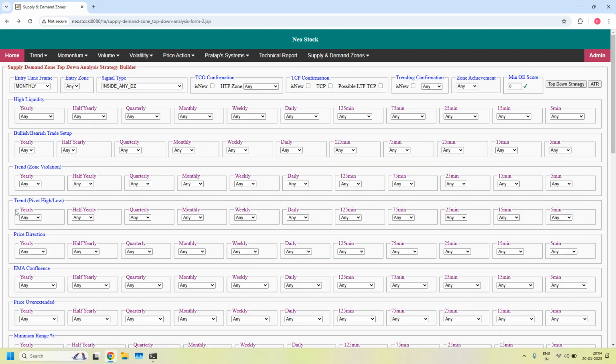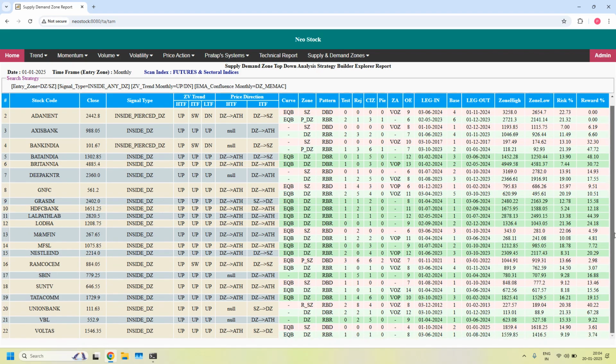Let me add the filter. The EMA Confluence, monthly time frame, monthly demand zone having monthly EMA Confluence. And the trend should not be sideways on monthly time frame. So I'm selecting up or down trends. Now the list has come down to 22 stocks.